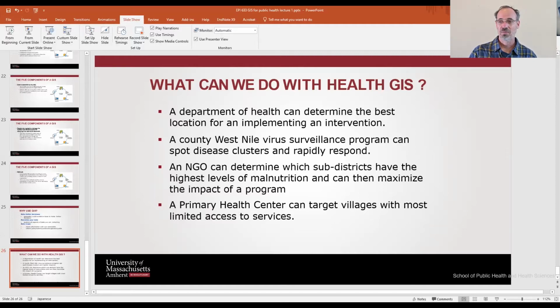Spatial statistics and spatial epidemiology is a massive field, and spatial applications exist in all different types of disciplines, including ecology, not just public health, business, economics, political science, all different kinds of things.